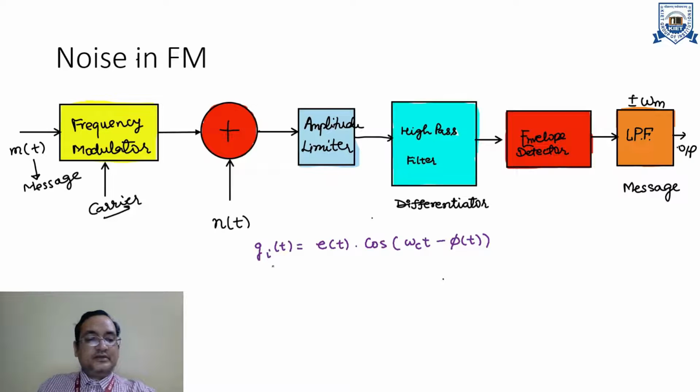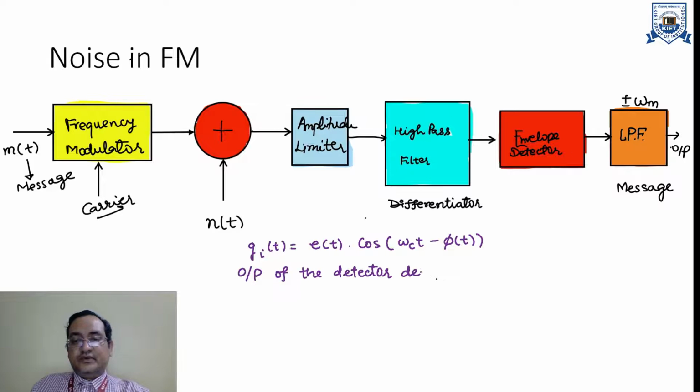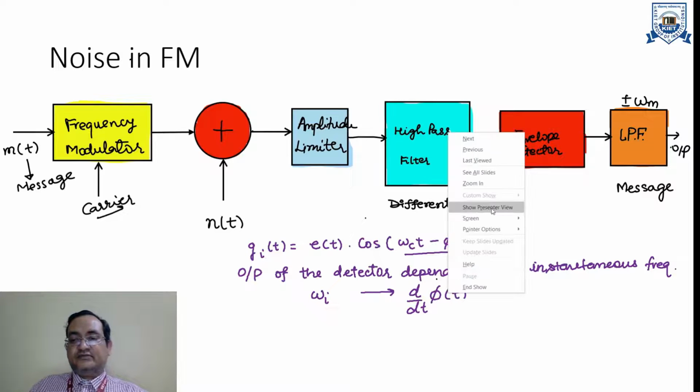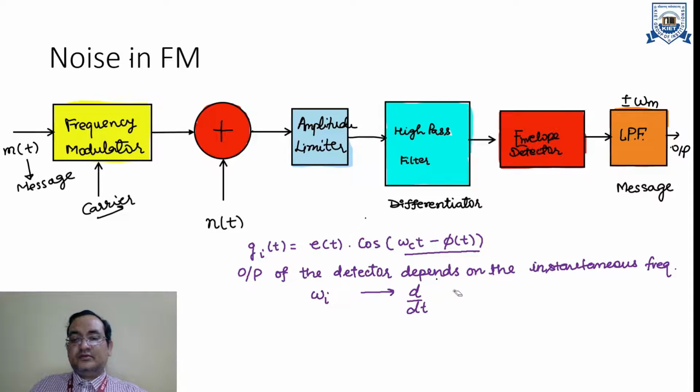Now the output of the detector, as I have already said, actually depends on the instantaneous frequency, which is equal to omega_i. In this case the instantaneous frequency will be calculated from this expression, which will be d by dt of the total angle, that is not phi(t) actually, it will be theta(t).